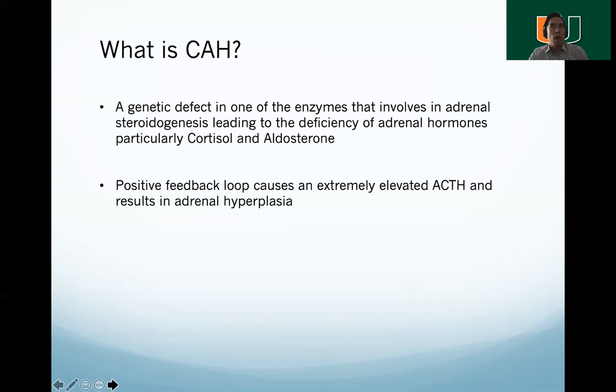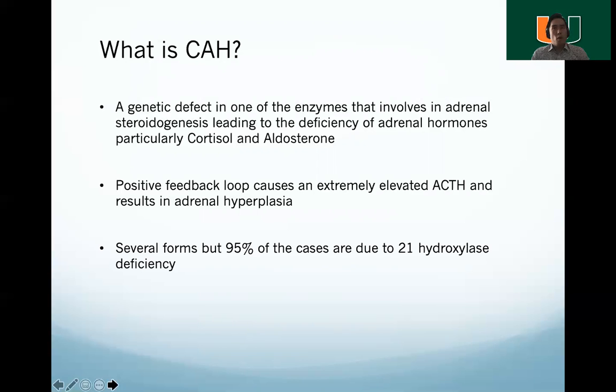As the name implies, back before they discovered the enzyme deficiency, most of these infants did not survive because they died of adrenal crisis. And during autopsy, they found that these infants had very large adrenal glands, hence the name congenital adrenal hyperplasia.